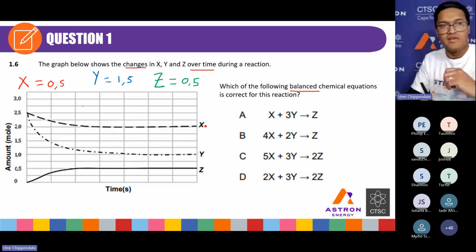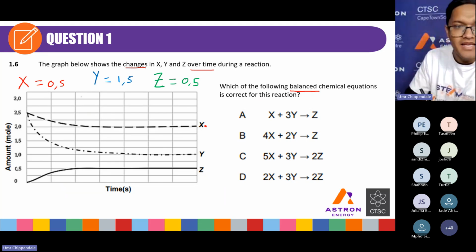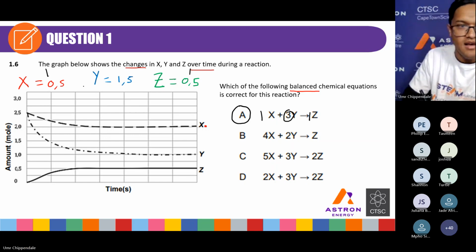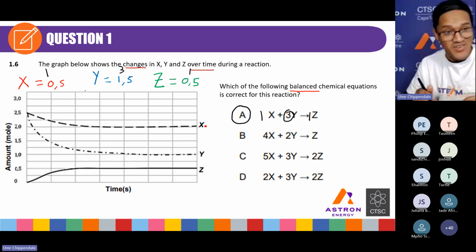Because remember, that will be 0.5, 1, and 1.5, which means our reaction is going to be A. Because this would be a 1:3:1 ratio. They are the same value, so 1:1, and this is by 3, because 3 multiplied by 0.5 would also give you 1.5. Perfect, and that's how we got that answer.